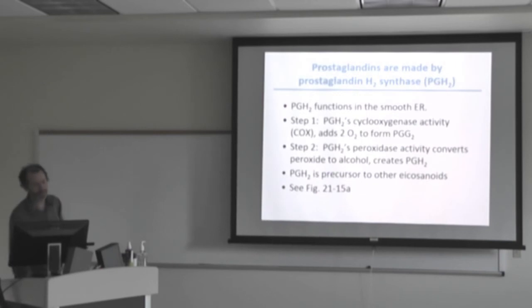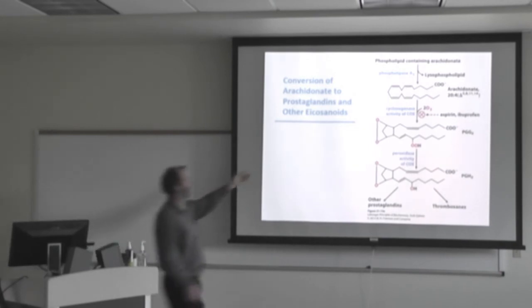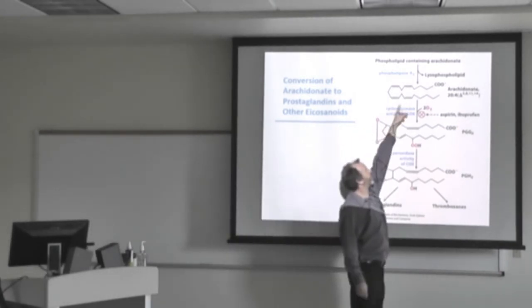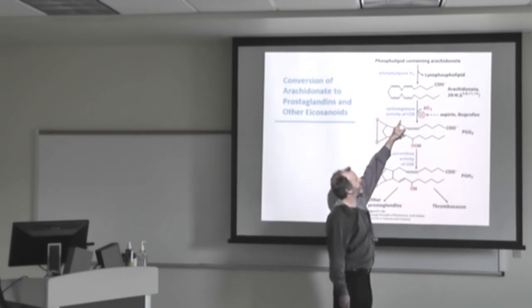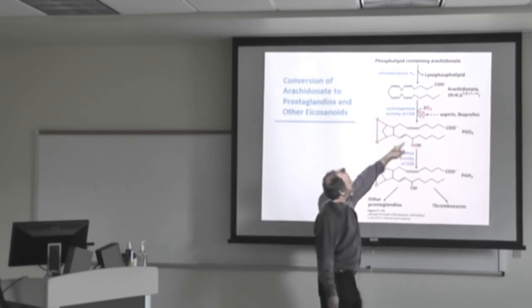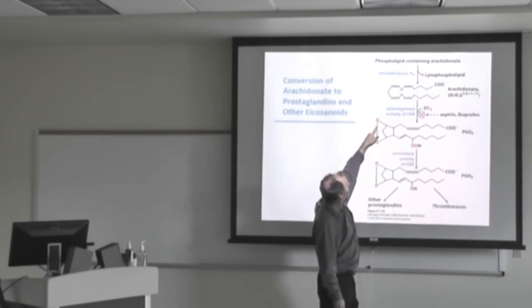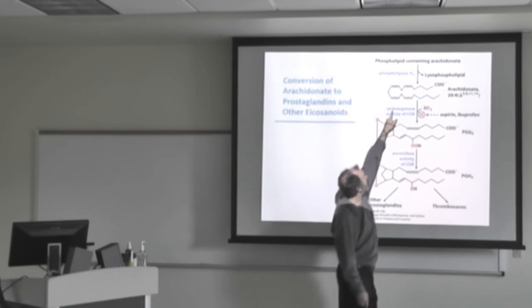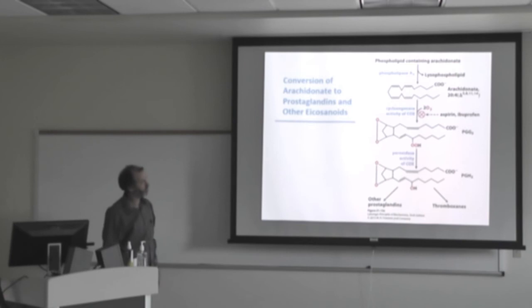And then that can be used to make prostaglandins like this. So this is arachidonic acid. It has the 4 double bonds. The cyclooxygenase activity of COX adds a peroxide group here and here, and then it also cyclizes that ring structure there, right?